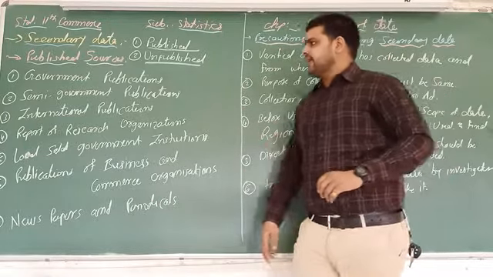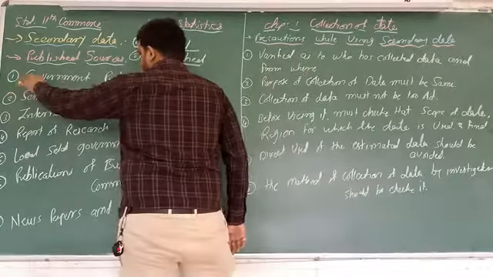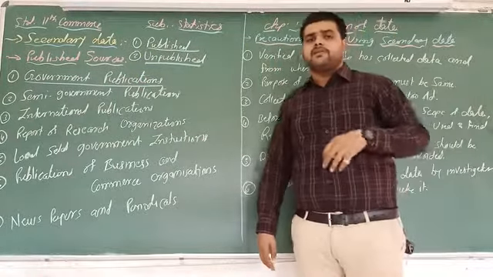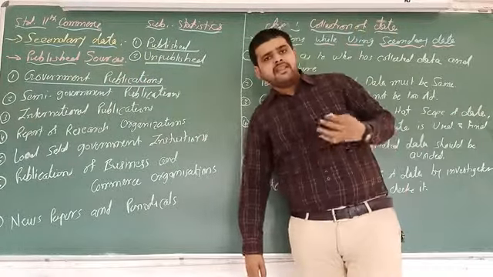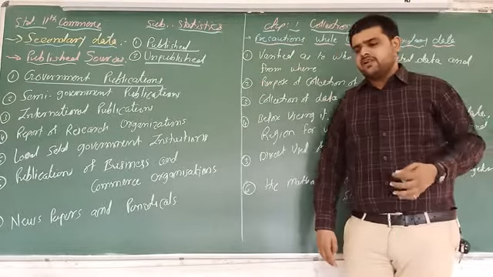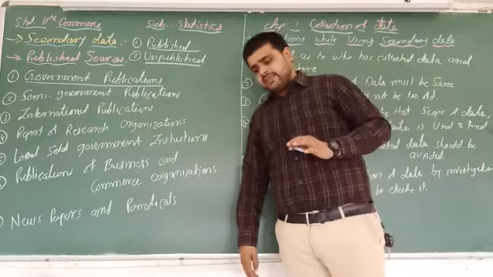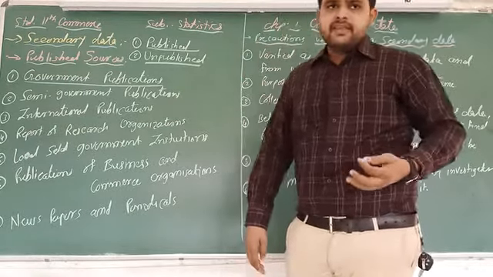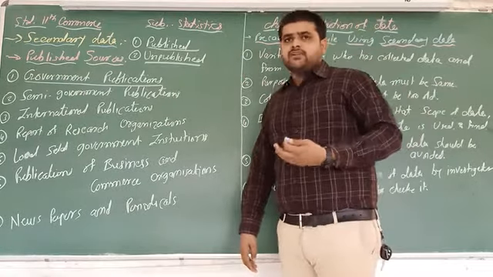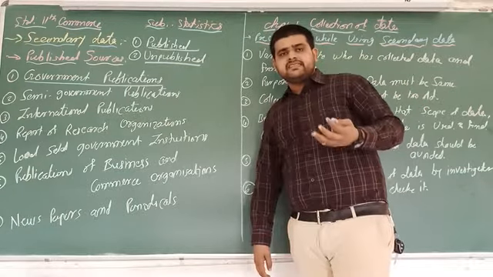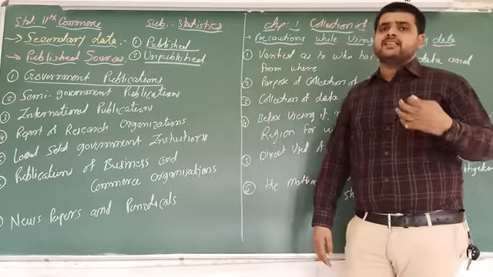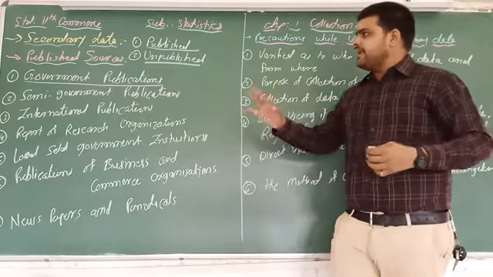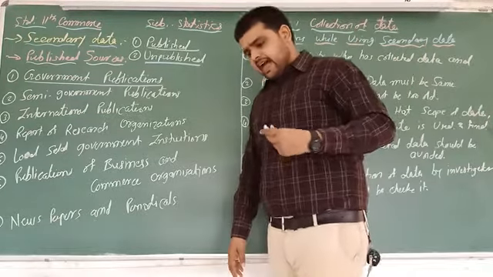Number 1, government publications. Data which is published by the government is called a government publication. For example, ICAR, NSO, population survey, census survey, which are introduced by the government. All these types of government publications are included.